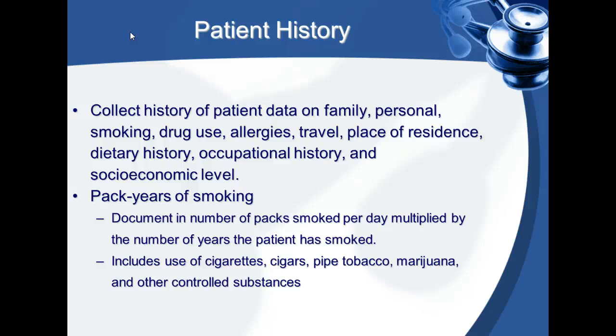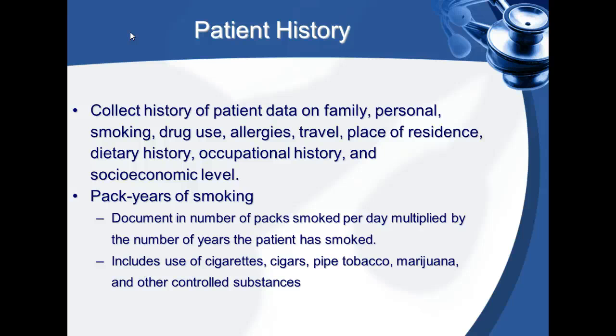I want you guys to do what they call pack years of smoking. Basically, you document the number of packs smoked per day, and you multiply that by the number of years the patient has smoked, and that's how you determine pack years of smoking.